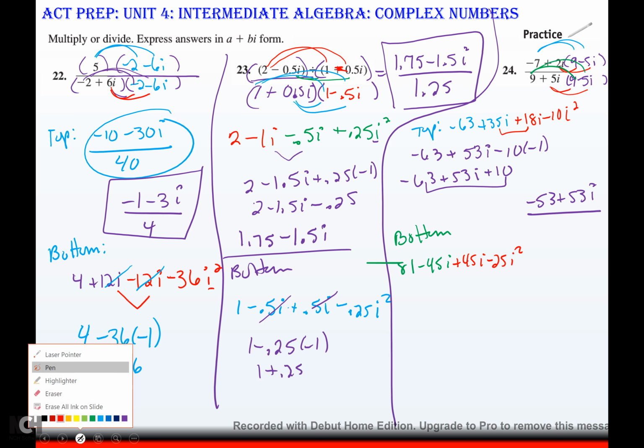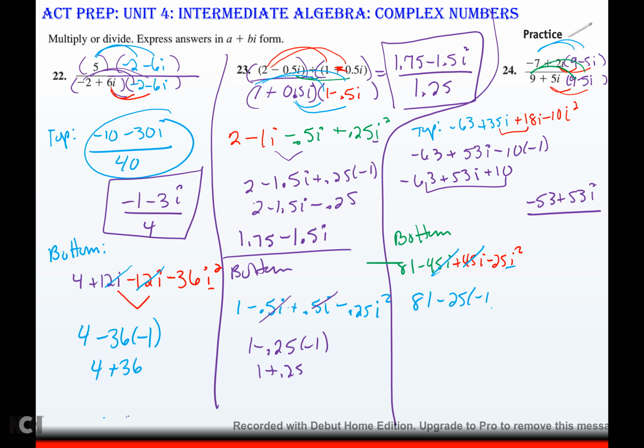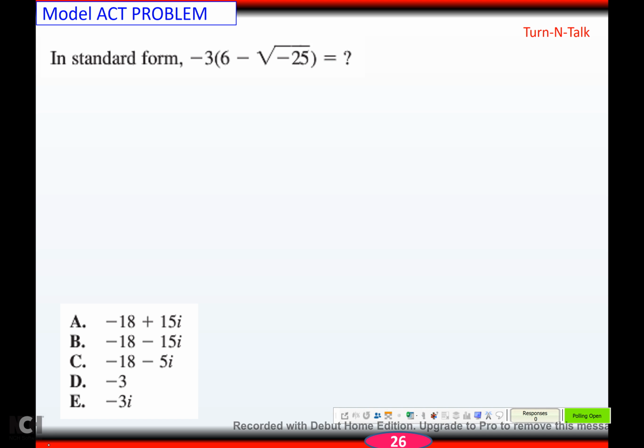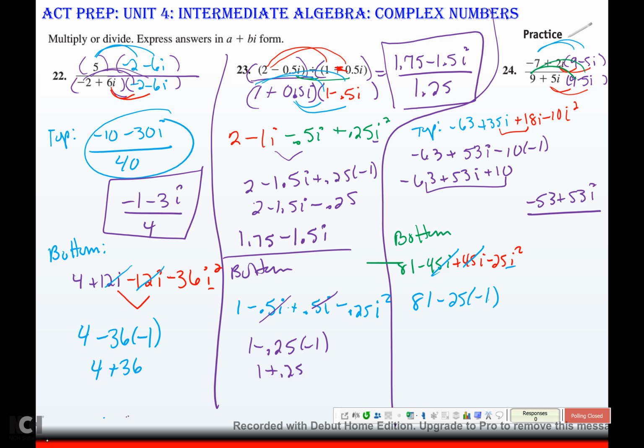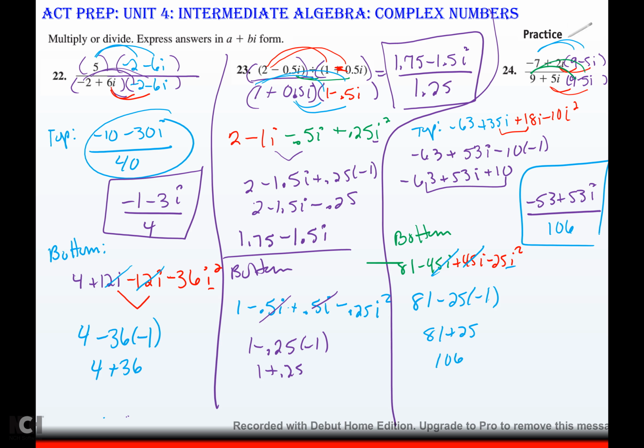I'm multiplying conjugates, so the centers cancel, and I replace i squared, which gives me 81 minus 25 times negative 1. Sorry, I don't know why this thing keeps flipping on me. Which gives me 81 plus 25, which gives me 106 for my denominator. And I am done.